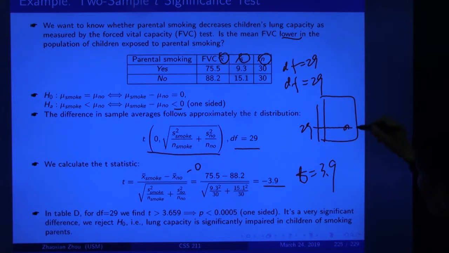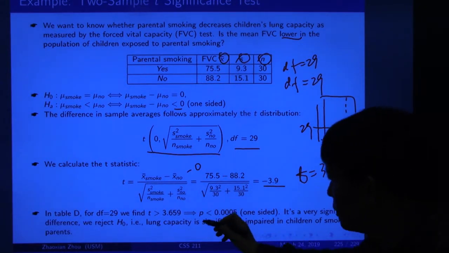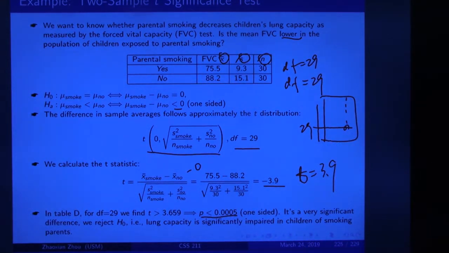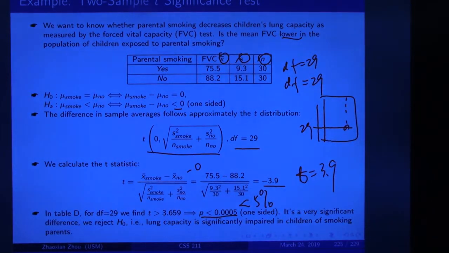Our t value is here, but this one is 3.6, and this corresponds to a probability of 0.0005. This is for a one-sided test. So our p value will be less than this. So this is definitely less than 5%. That means this is a significant difference. So our conclusion will be we reject H0.